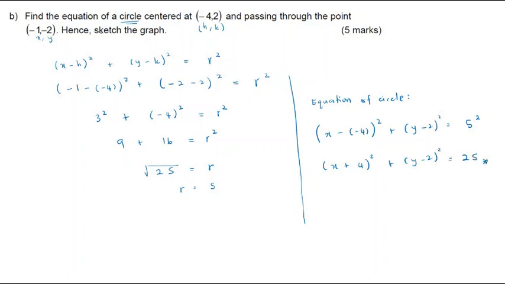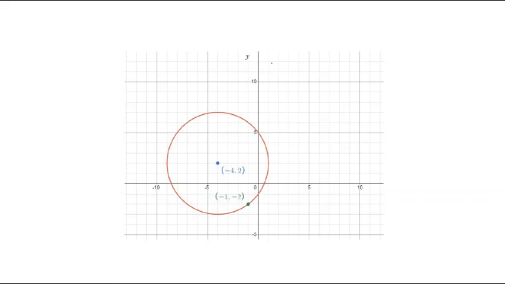And then the question also asks you to sketch the graph. This is the graph. Center at (-4, 2). And then you know the radius is 5. So 1, 2, 3, 4, 5 in each direction.